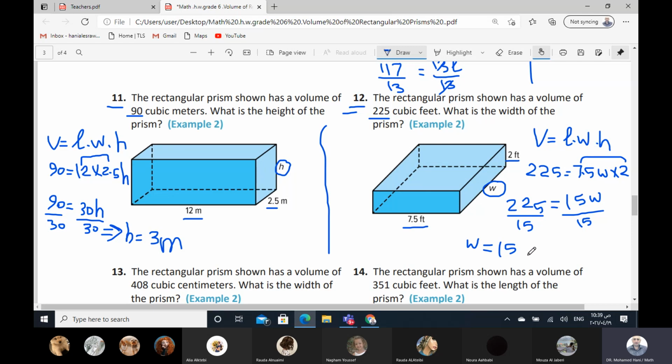Who can tell me what is the unit here? Feet. Great.